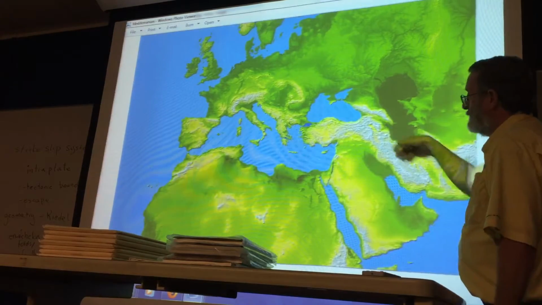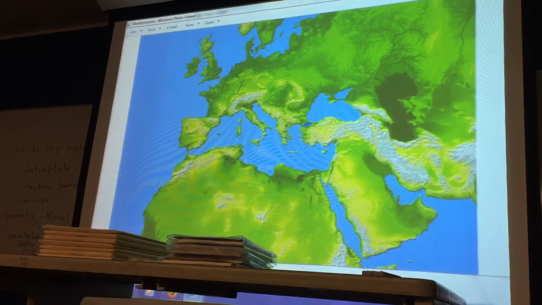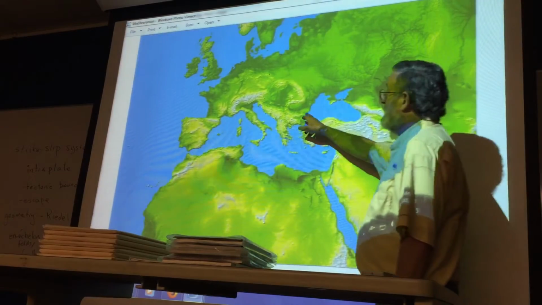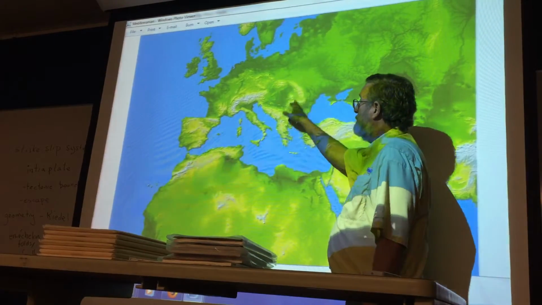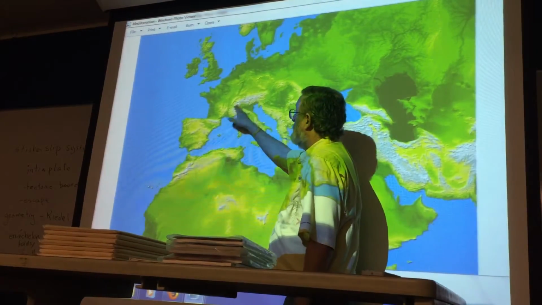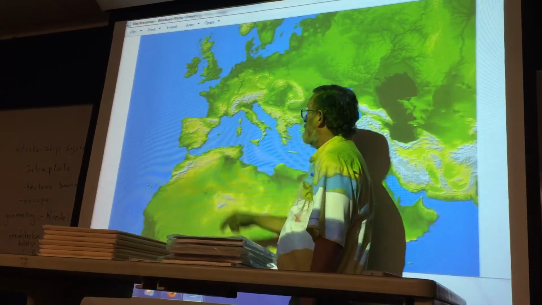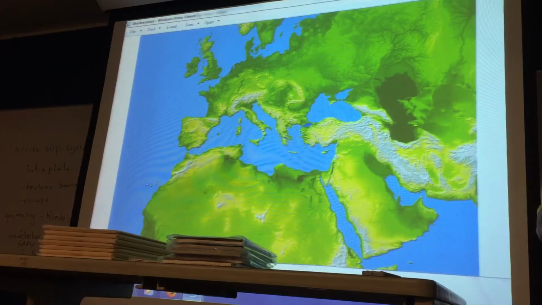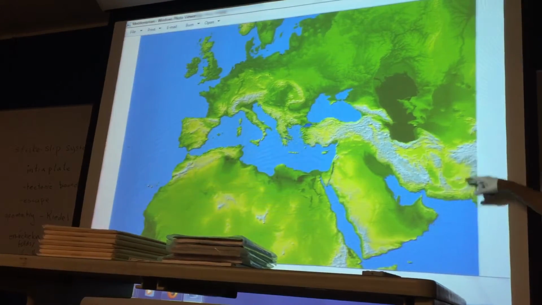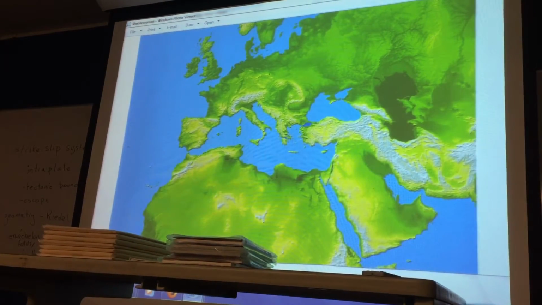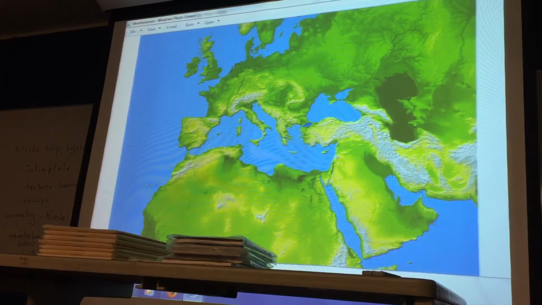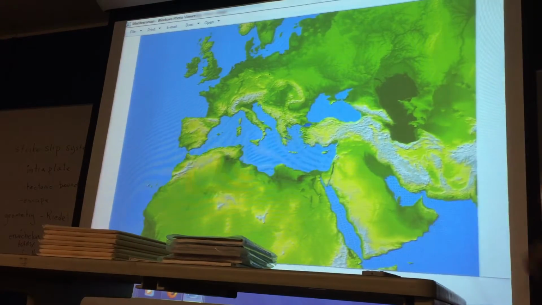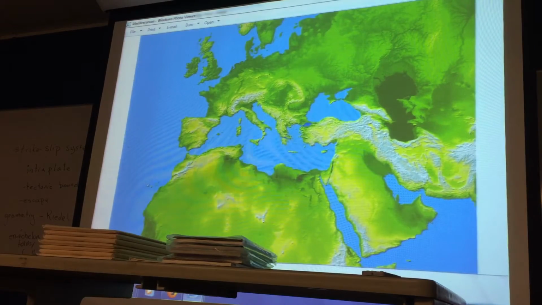This is the Zagros in here. You can see this rather interesting oroclinal bend. We come across into the Alpine system over here. As we go further, just to connect up, this would be Afghanistan in here, Afghanistan towards Pakistan. So this would be the Hindu Kush in this particular area.